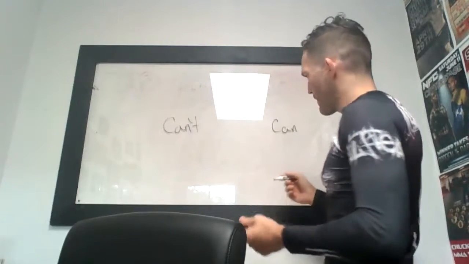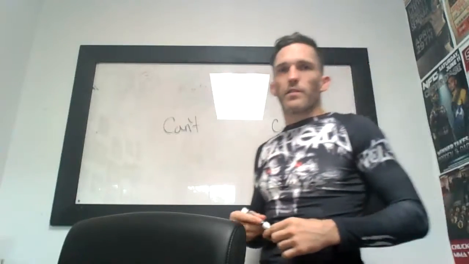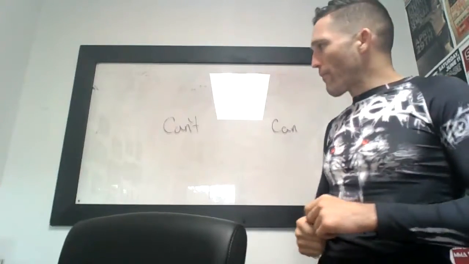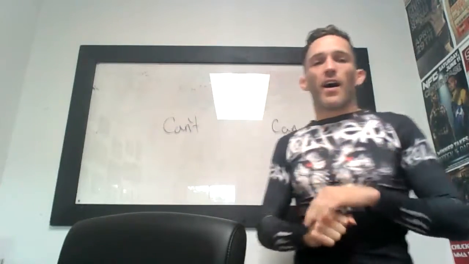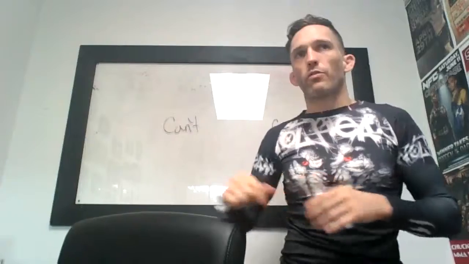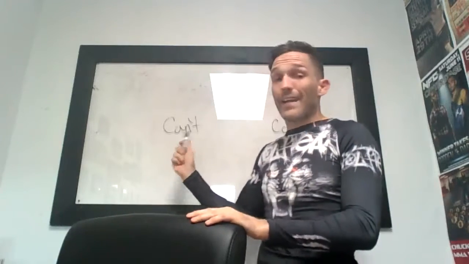It's pretty basic. However, it's not just about taking the apostrophe T out of there. It's about how you can develop and prepare your brain to transfer anything from an I can't to an I can.